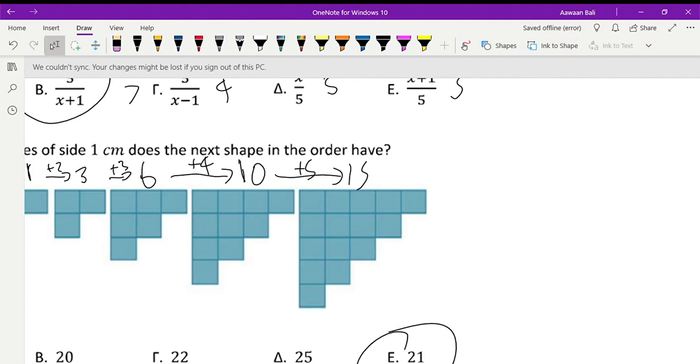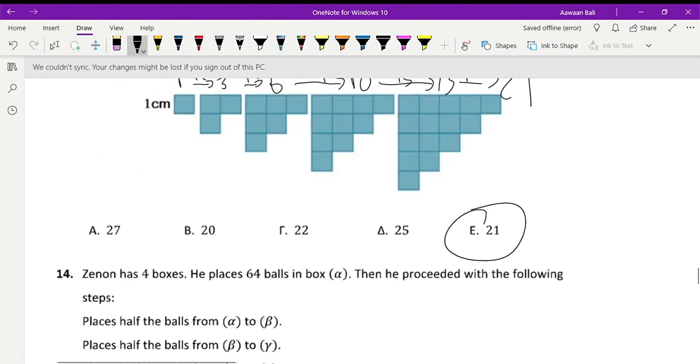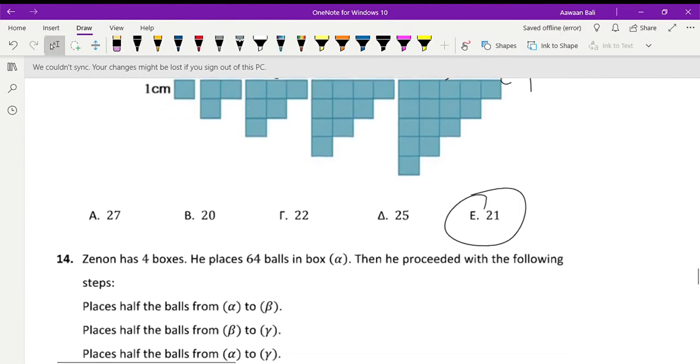But here it's just the next consecutive one. Since we know it's becoming plus 2, plus 3, plus 4, plus 5, our next one is plus 6, which means that's 21. So 21 is the next one, and therefore the answer is eta, 21.